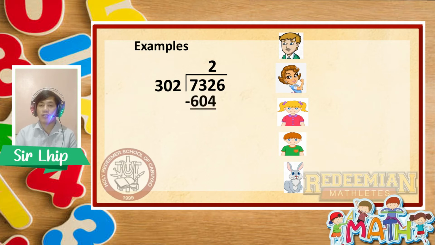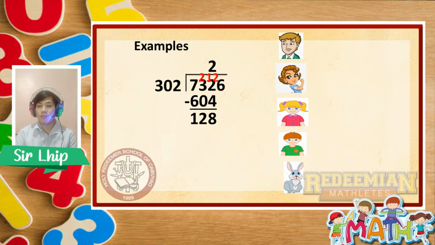Then, subtract. 2 minus 4 cannot be, so borrow from 3. So, 2 becomes 12. 12 minus 4 equals 8. Then, 3 becomes 2. 2 minus 0 equals 2. Then 7 minus 6 equals 1.